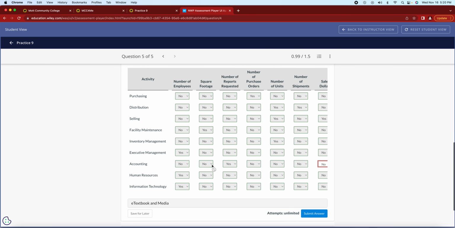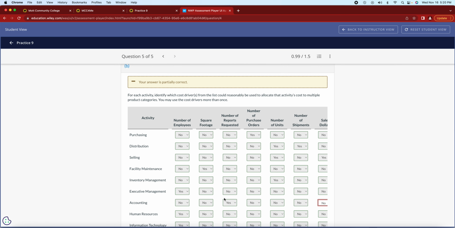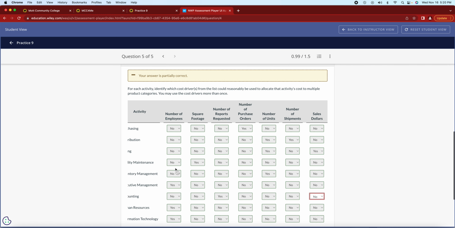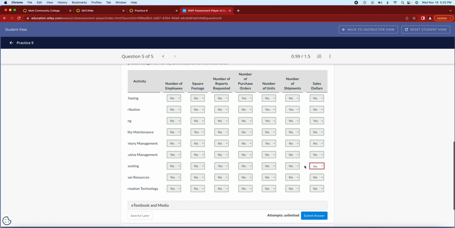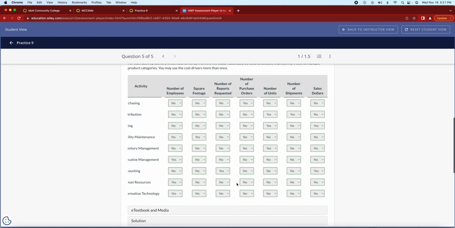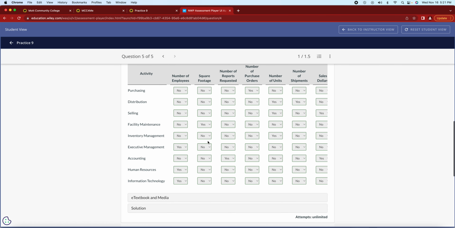Okay, we're good. Oh, it says partially correct. What are we missing? Accounting based upon sales dollars? That's interesting. Okay.